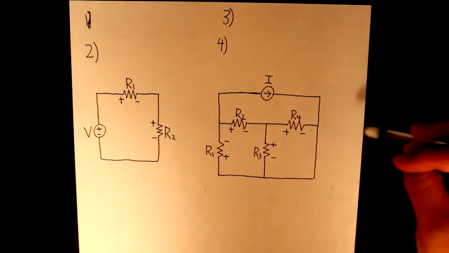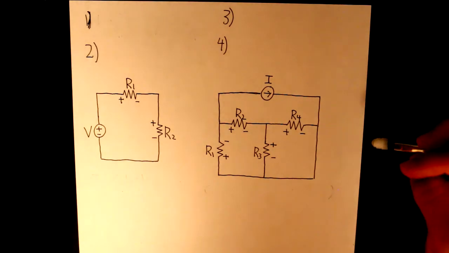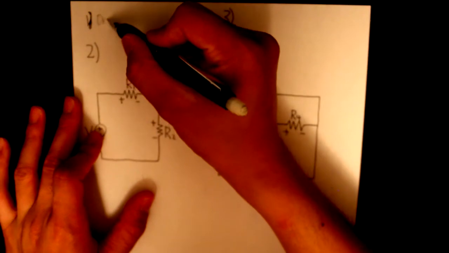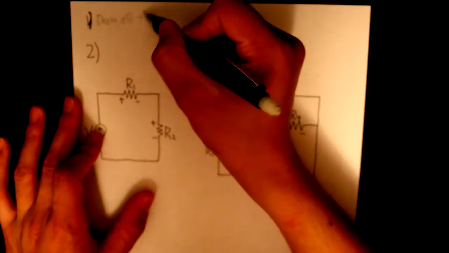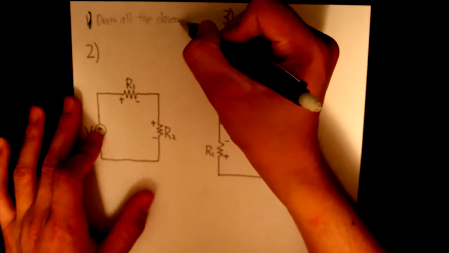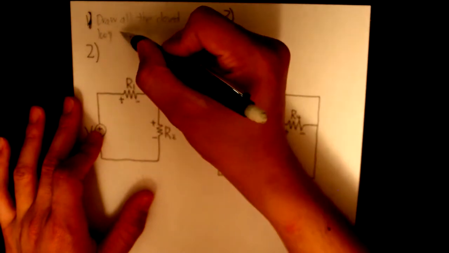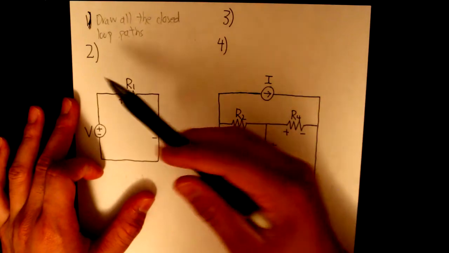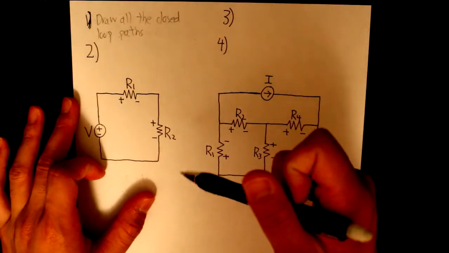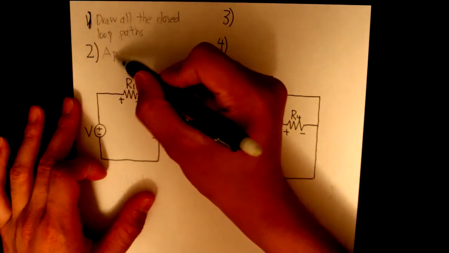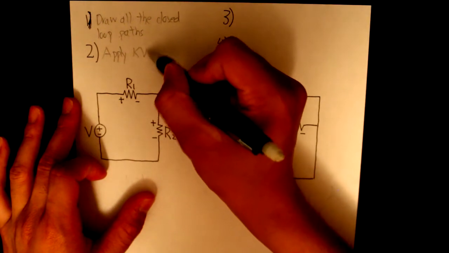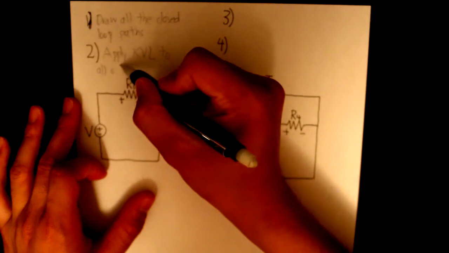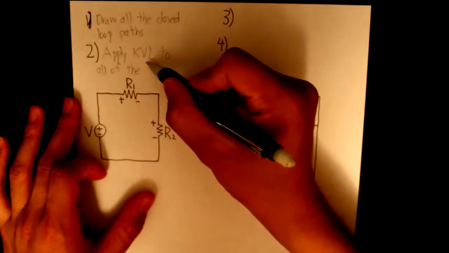So mesh analysis consists of a 4-step process, and we've already done step 1, which is to draw all the closed loop paths of the circuit. And then the second step is to apply KVL to all of the loops.